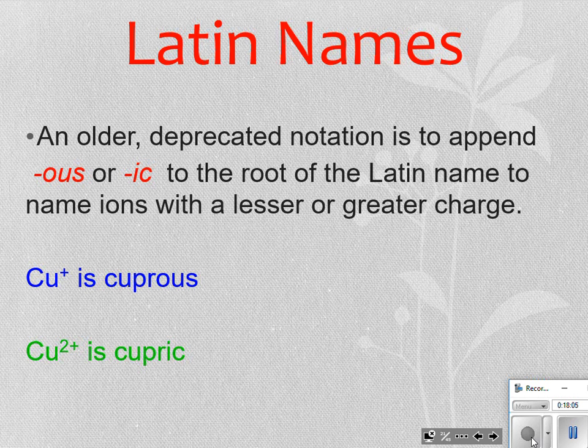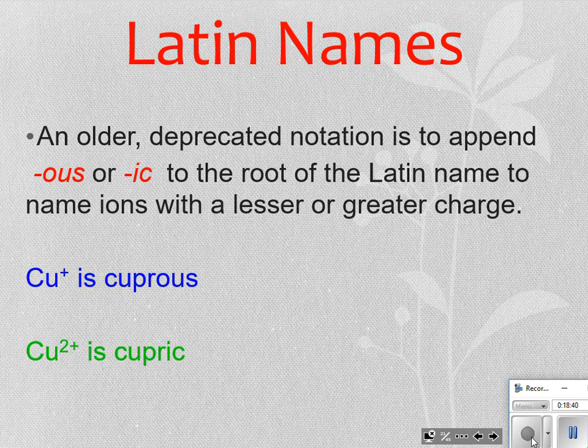Well, cobalt's Co, but Cu comes from its Latin name, cuprous and cupric. If you look on the ion sheet that has the periodic table on it, right below that, you are going to see a bundle of these. They call it the classical system, which is using the Latin names.